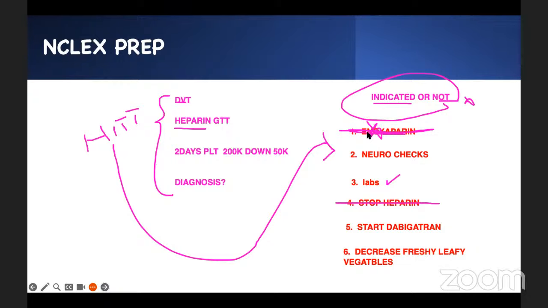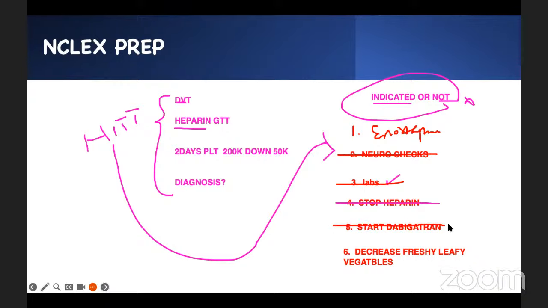So let me clean it. You don't need to. So enoxaparin. So we check labs, we stop heparin. We're going to do neuro checks. We don't need to do anything about fresh leafy vegetables.